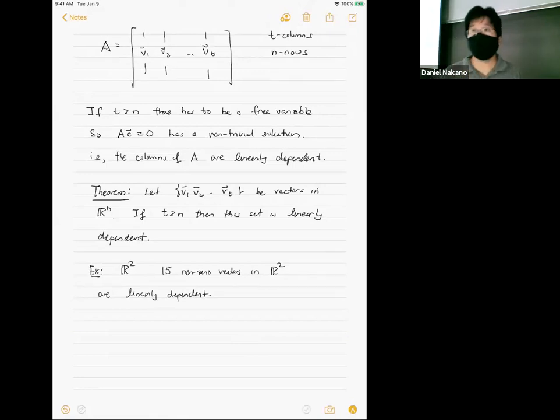Okay, so this makes sense in terms of your intuition. If I have 4 vectors in 3 space, they have to be linearly dependent. If I have 5 vectors in 3 space, they have to be linearly dependent. If I have 4 vectors in 4 space, then I don't know. Maybe they are, maybe they're not.